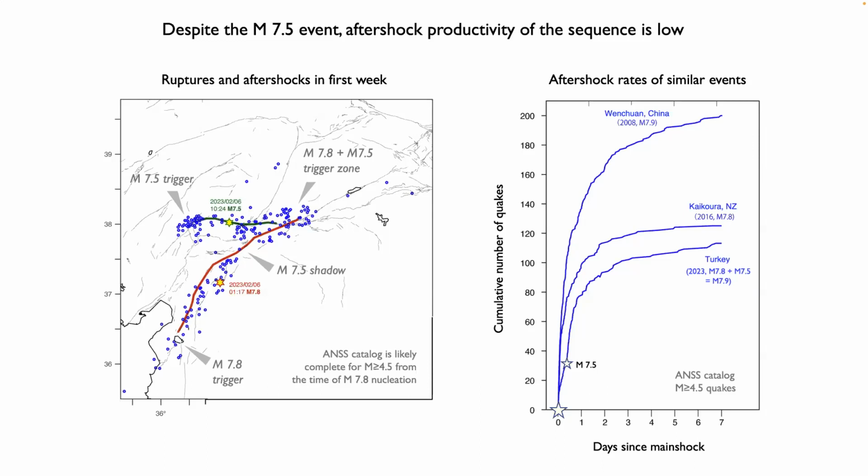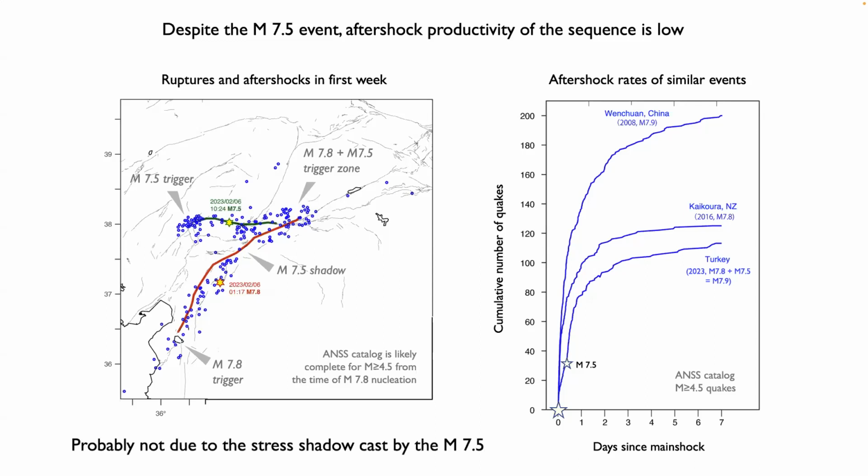So the Turkey sequence should be very comparable to Wenchuan, China, and it isn't. It's got about half the earthquakes or so of Wenchuan, and even less than just a 7.8 on its own, the Kaikoura, New Zealand.